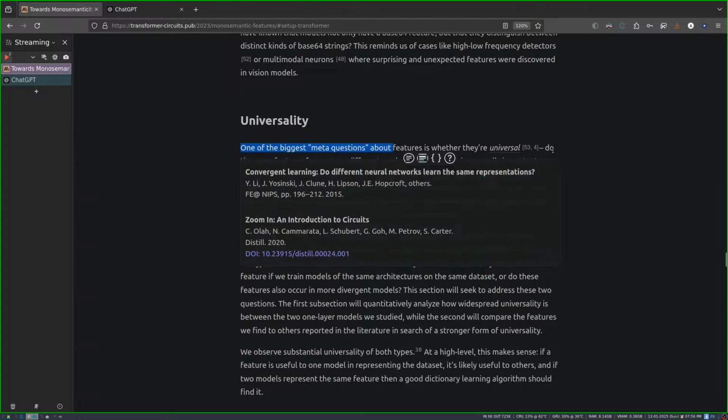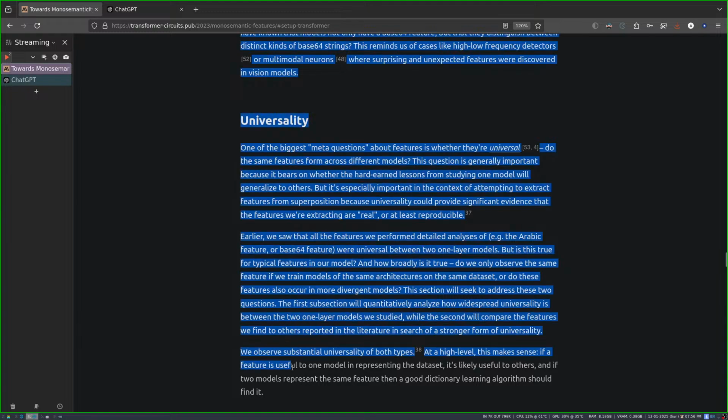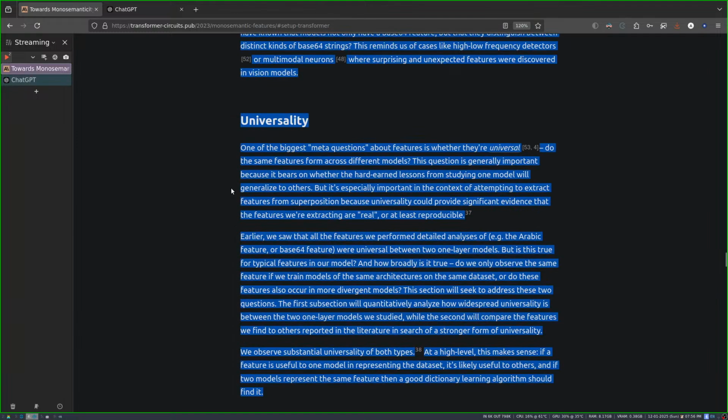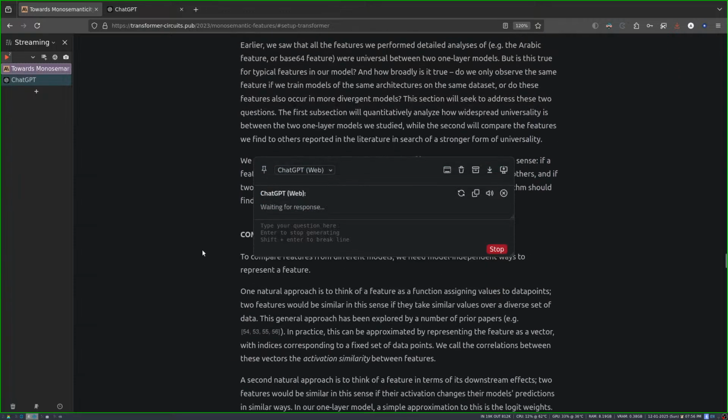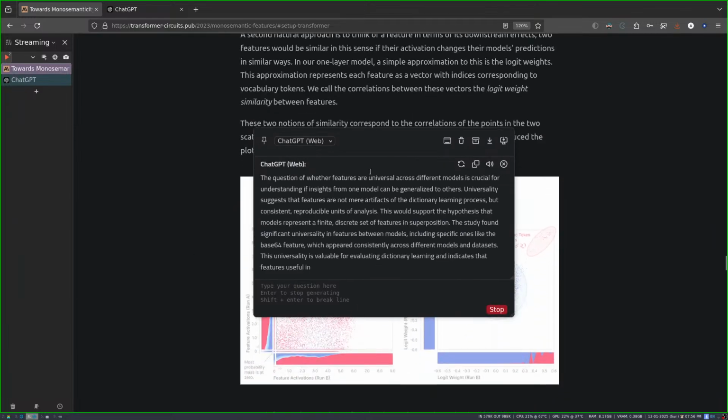How universal are features? Comparing features between one-layer transformers, whether features are universal across different models is crucial.